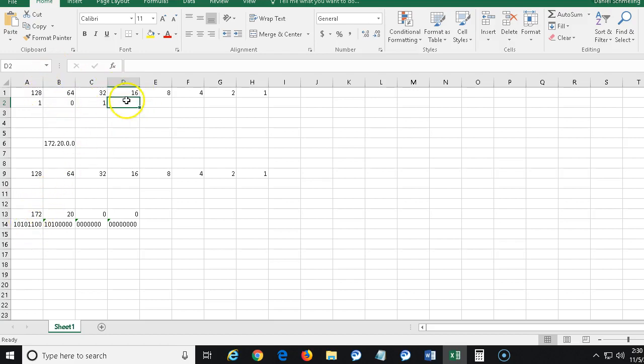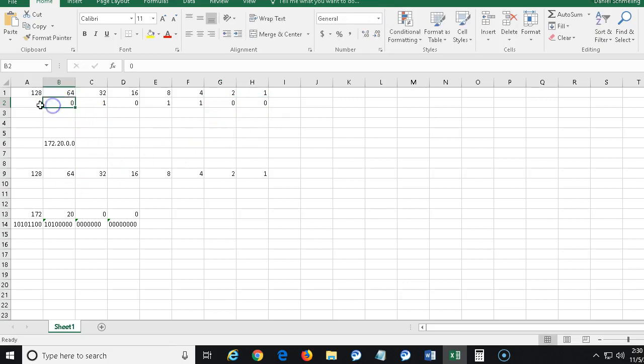Now, how many 16s are in there? 0. How many 8s? 1. How many 4s? 1, and then 0, 0.